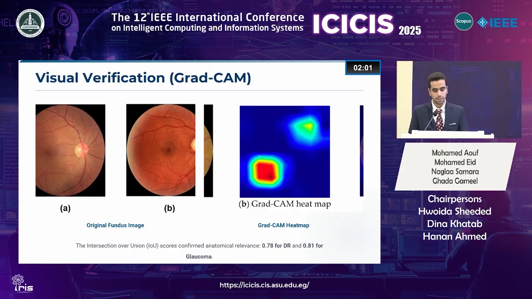So this is a visual for verification for the doctor to see. This is the original fundus image, and this is our GradCam map for the heat-mapped region. The IoU, or intersection over union, score confirmed anatomical relevance: 0.78 for DR and 0.81 for glaucoma.